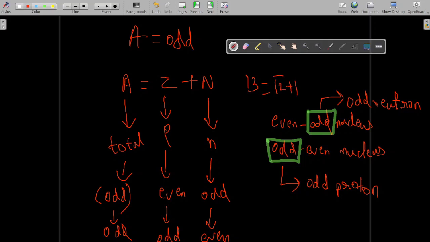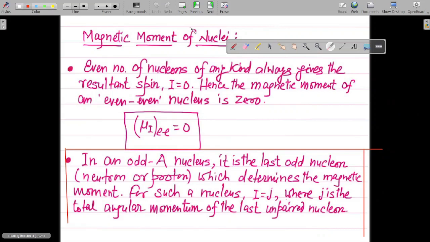So the 12 nucleons will be paired up, and one will be the odd man out, which will remain unpaired. So the unpaired neutron will decide in the even-odd case, and in the odd-even case the unpaired proton will decide.